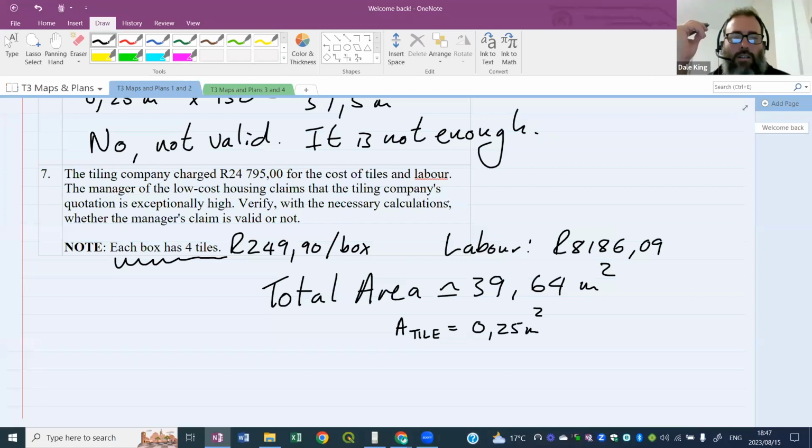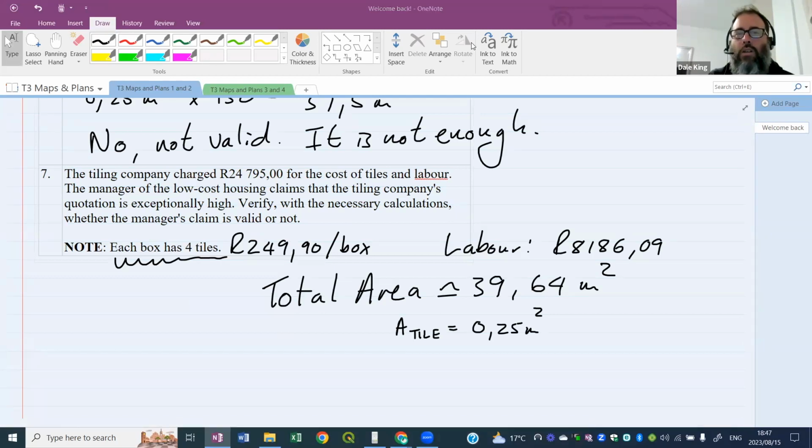Am I supposed to divide it by the total area? No. It looks like you're trying to get a price per tile and work from there. So if it's 249.90 per box, and the box has 4 tiles, how much is it for 1 tile? So you tried to multiply.